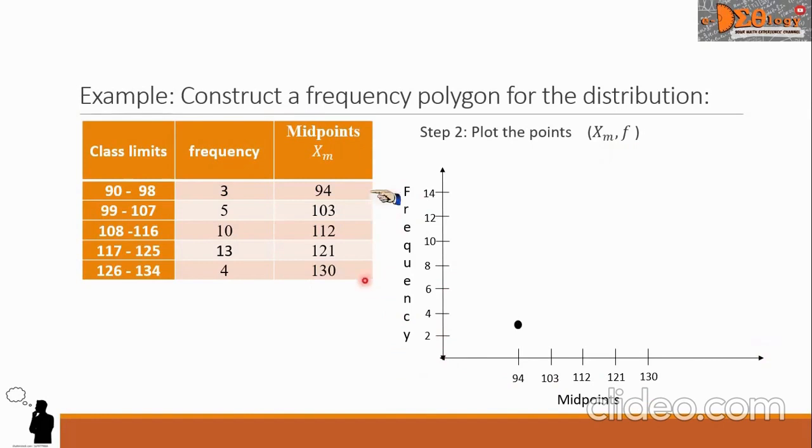The first point is the 94, 3. So we have this point. The second point is 103, 5. This is the point. The third point is 112, 10. Here is the point.